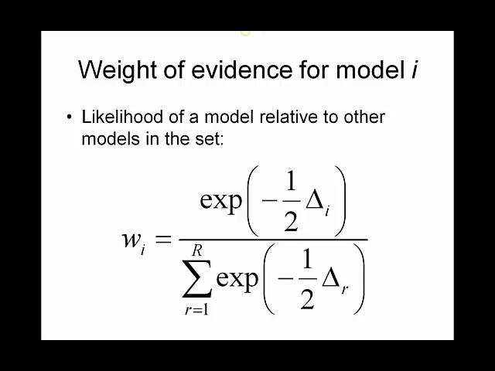And we can take this likelihood of the model relative to the other models in a set and calculate the relative evidence for the model simply by normalizing this likelihood relative to the likelihood of all of the models in a set. And we're going to call that w, for the weight of evidence, or the AIC weights. So w is equal to that likelihood expression that I just showed you divided by the sum of the likelihood expression over all of the models in the set.